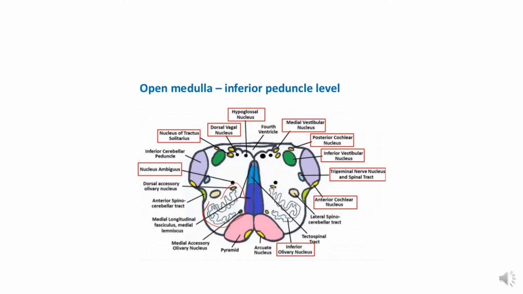The largest nucleus of the olivary nuclear complex is the inferior olivary nucleus. The gray matter is shaped like a crumpled bag with its mouth directed medially. Here you can see the crumpled bag, whose mouth is directed medially.